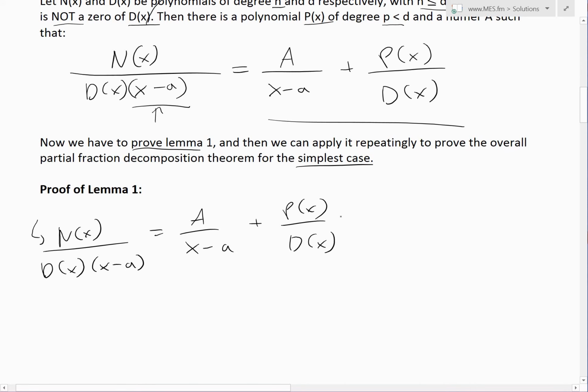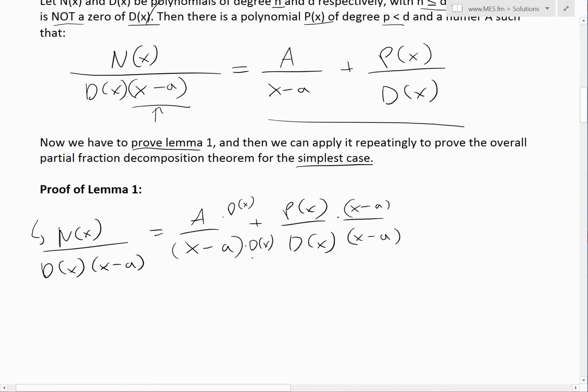Now we multiply this top and bottom by x minus a, just so we can add these up, and this one we multiply by d of x, and then d of x is at the bottom.